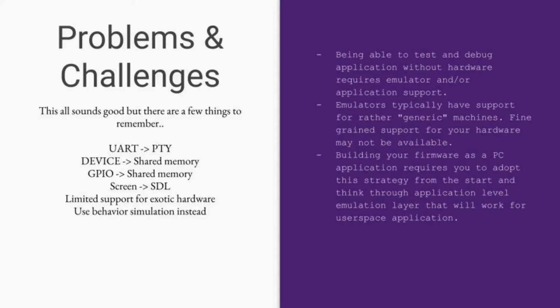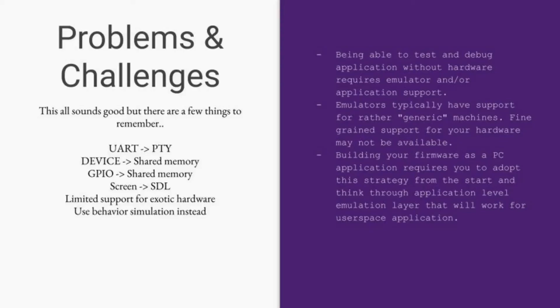For example, you might have some LED controller or some Ethernet controller. So there can be hardware on the board that you will run your application on that is not easily emulatable in QEMU. And even more so, if you're compiling as a user space application, you basically need to find a way to emulate things in the user space application, to be able to run your program and test its behavior, but without having to implement every little detail of the emulation.